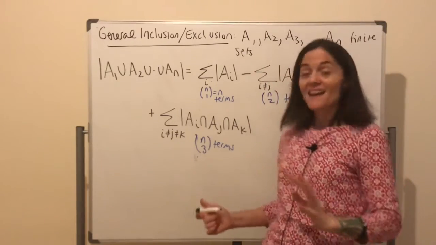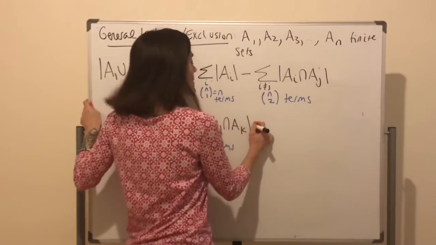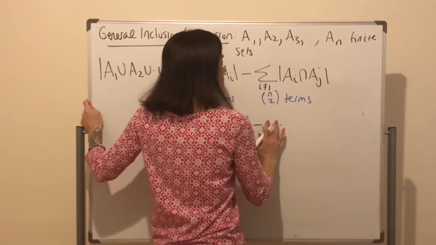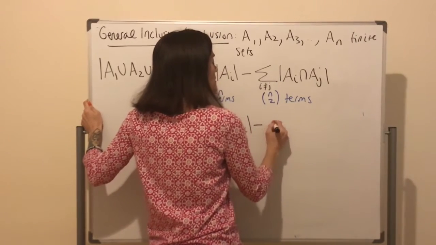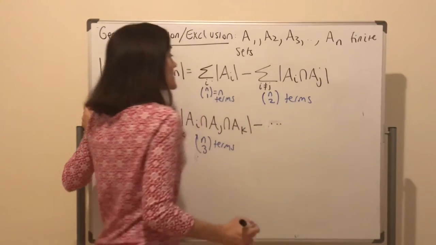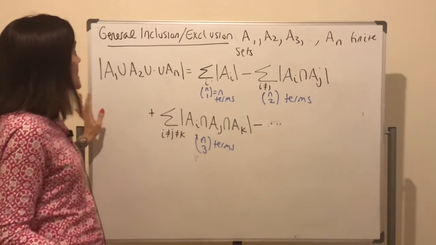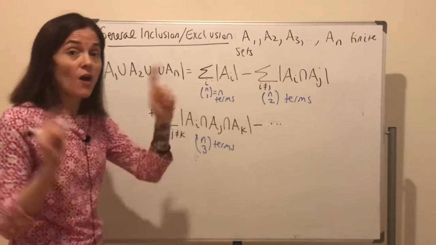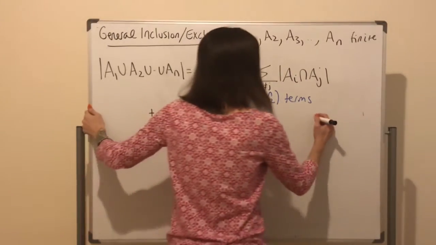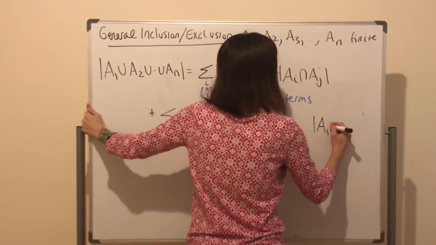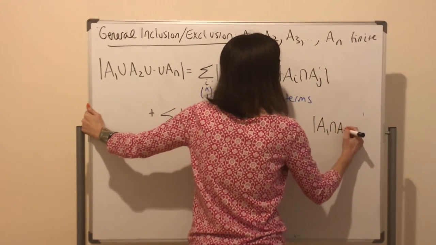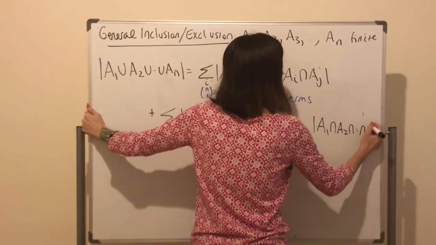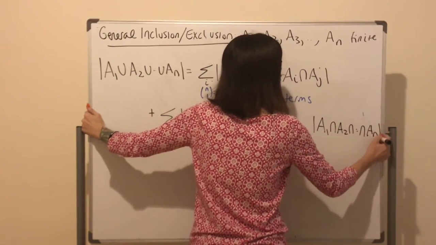At the very end, the next one would be a minus. And then we have a dot, dot, dot. At the very end, we come to the intersection of all n terms, A1 intersect A2 intersect all the way out to A sub n.